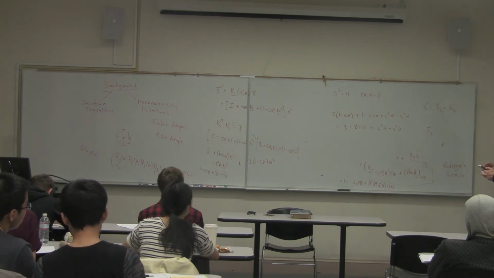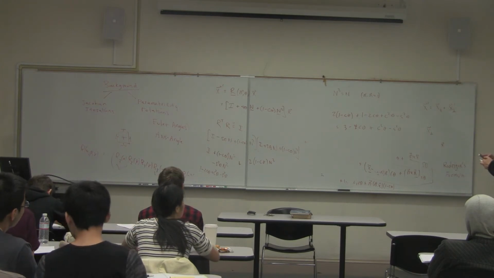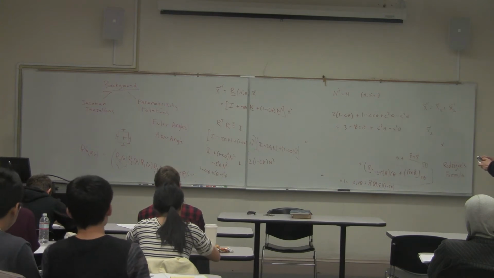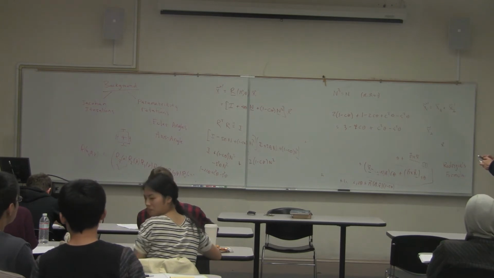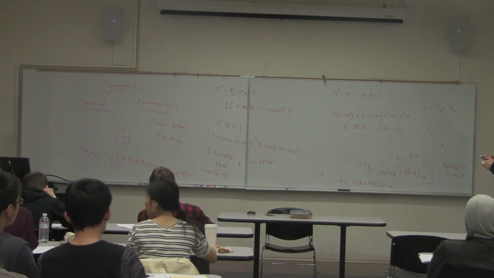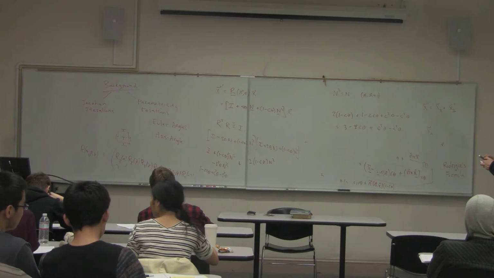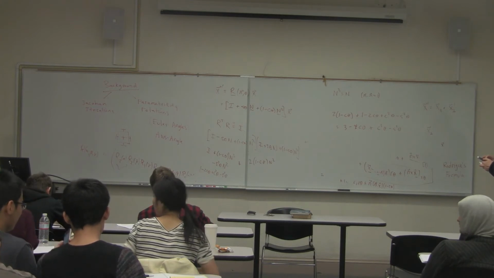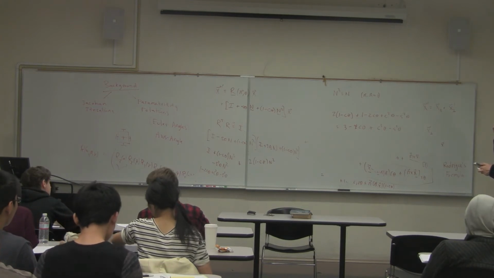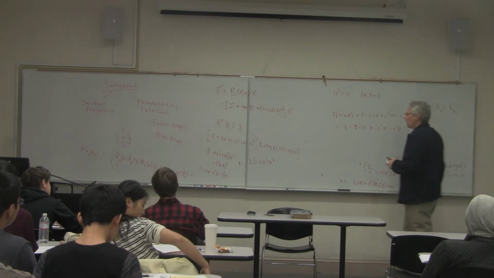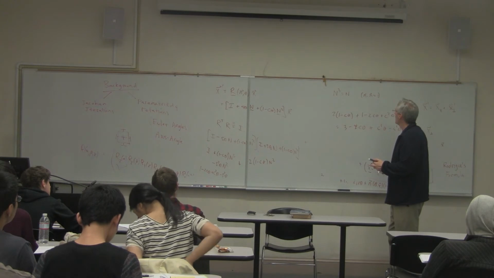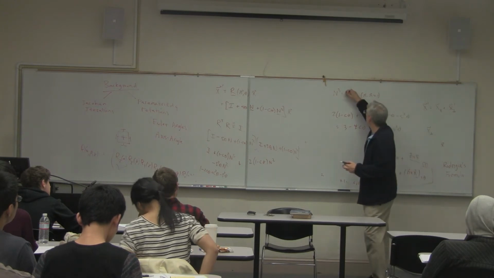So let's see, so 1 minus... Does somebody see the photo, when n to the power 4, when it's converted to n squared, there should be a minus sign here.